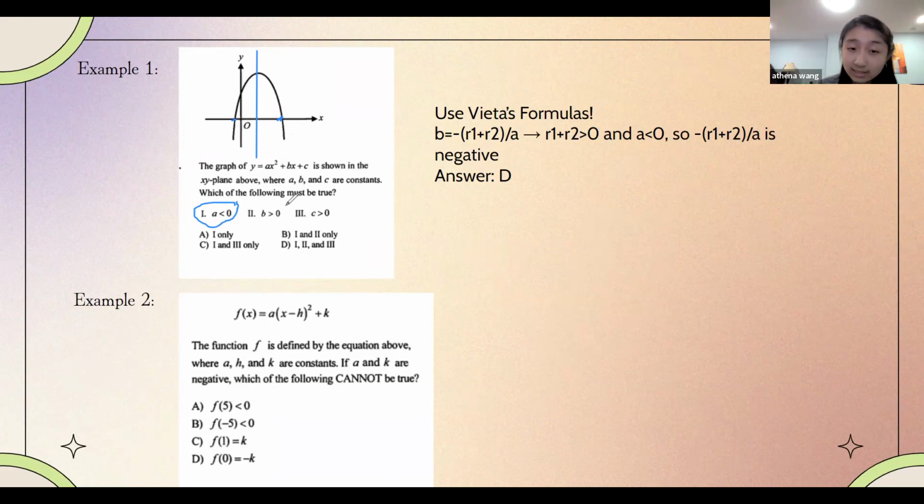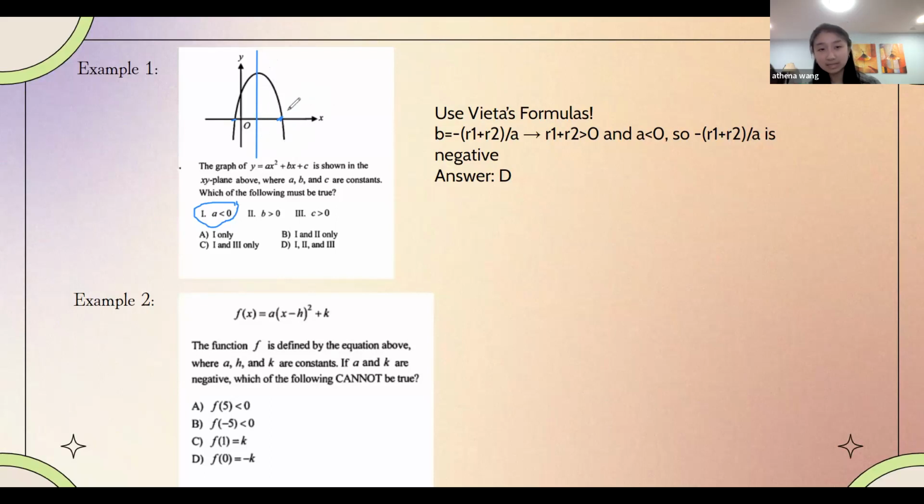This is what we're trying to test out. Okay, so if we have Vieta's formulas, we have that negative B over A is equal to R1 plus R2. So R1 plus R2 would have to be positive because this axis of symmetry is positive, and that is the average of the 2 points.